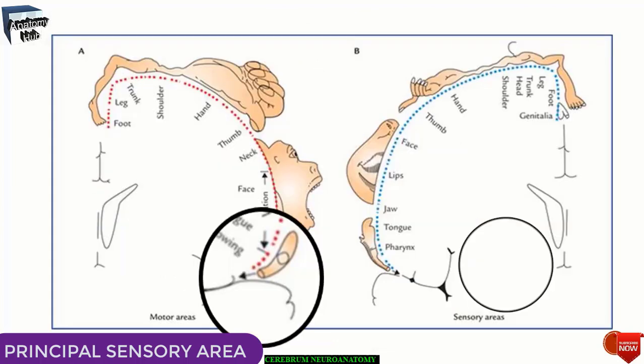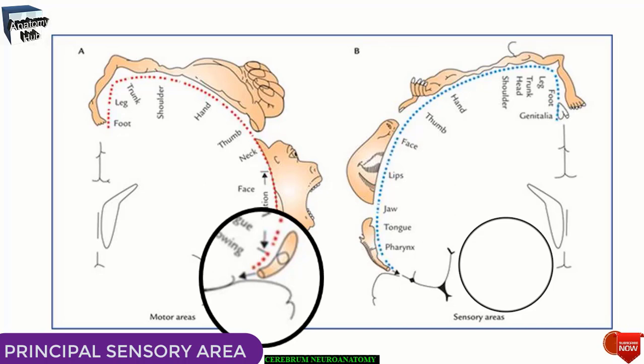The opposite half of the body is represented upside down, exactly in the same fashion as the primary motor area. Similarly, the area of cortex assigned for a particular part is not proportional to the size of the part but to its functional significance.